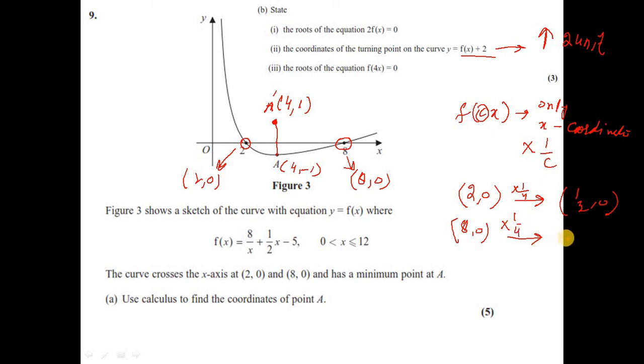It will give you (2, 0). So the new roots for the curve f of 4x are half and 2, or you can say (half, 0) and (2, 0). These are the new positions of the roots.